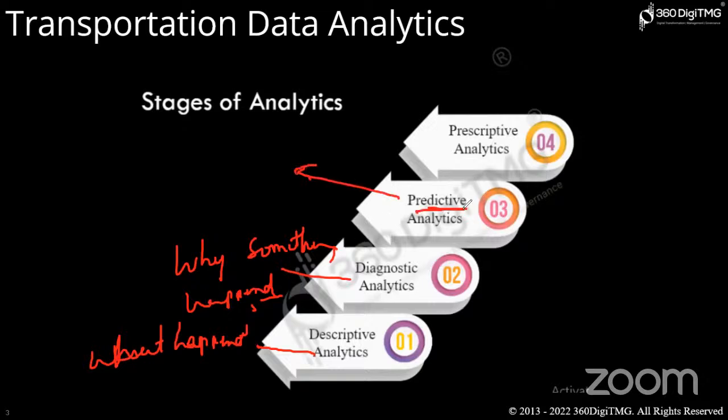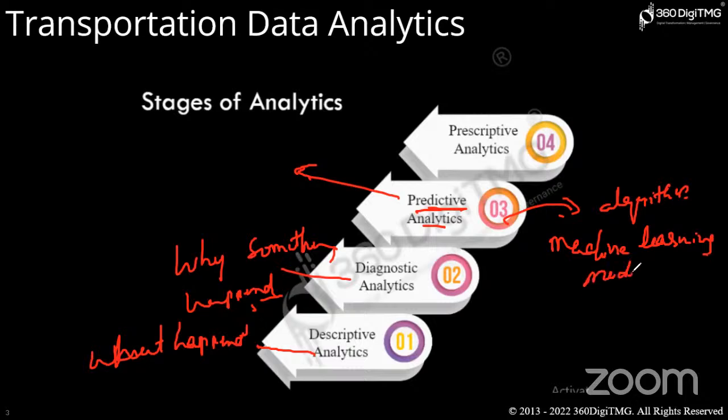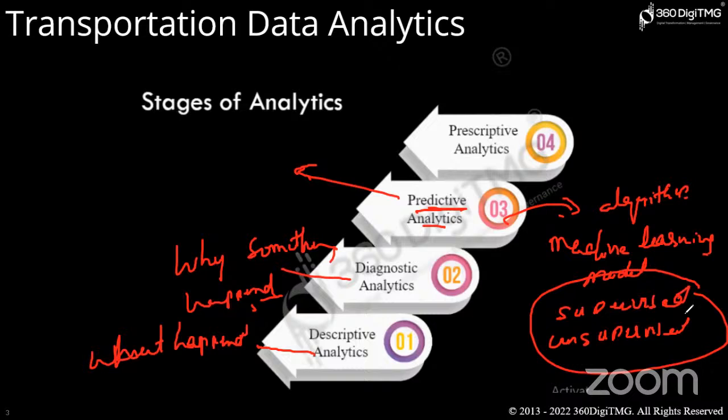When it comes to predictive analytics, we'll be having algorithms or models, machine learning models, those are supervised and unsupervised models. Using these, we will be doing the prediction of what is likely to happen in the future.